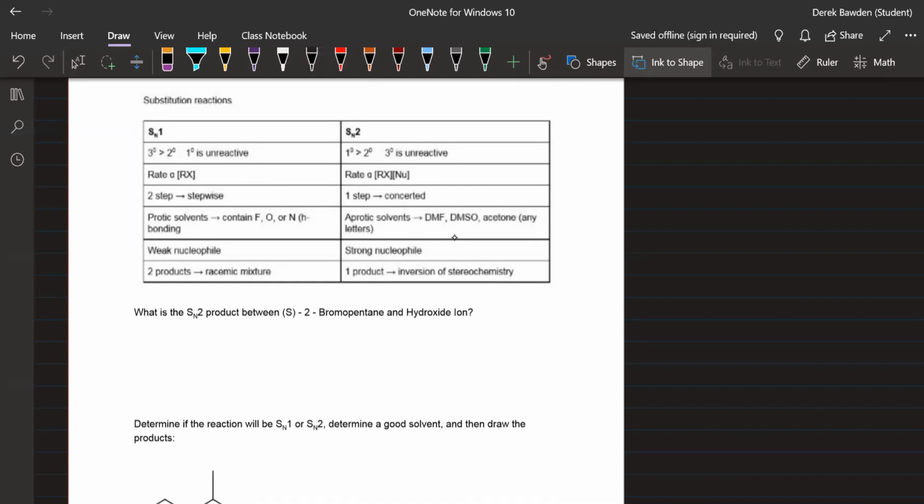So let's start with this first one. What is the SN2 product between S-2-bromopentane and the hydroxide ion? Okay. So first we need to draw S-2-bromopentane and the hydroxide ion. So we know we have a 5-carbon chain because it's pentane. Okay.